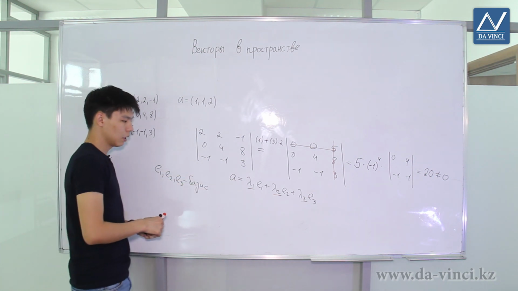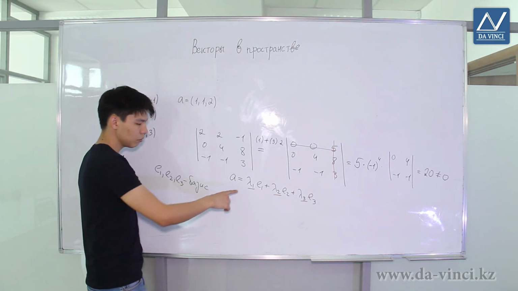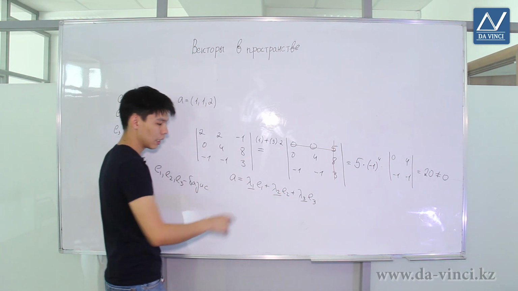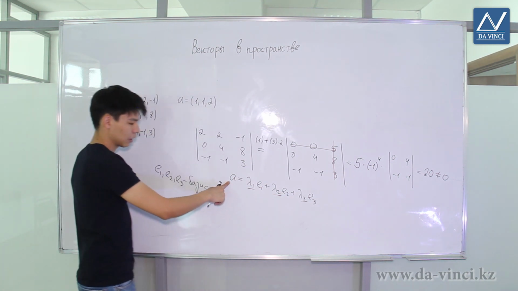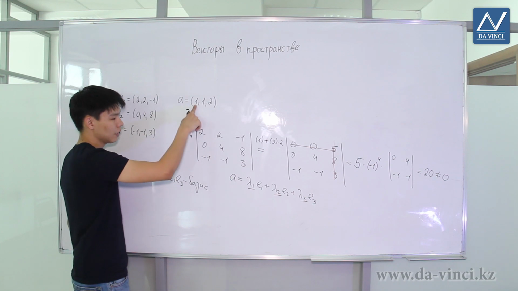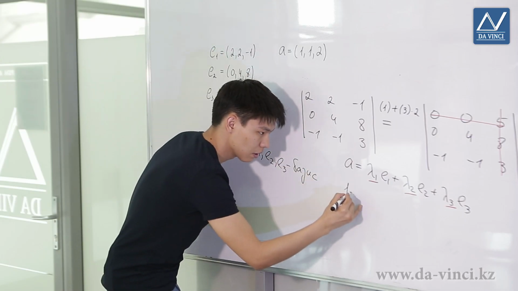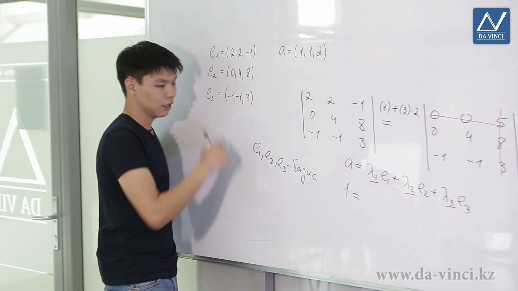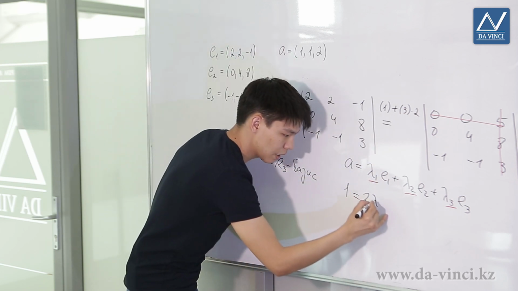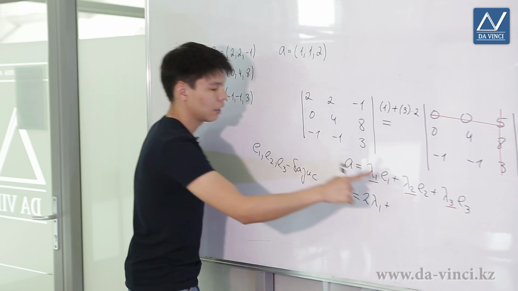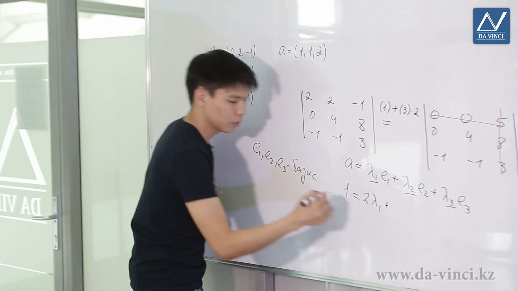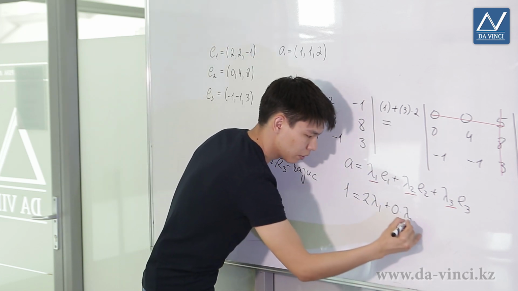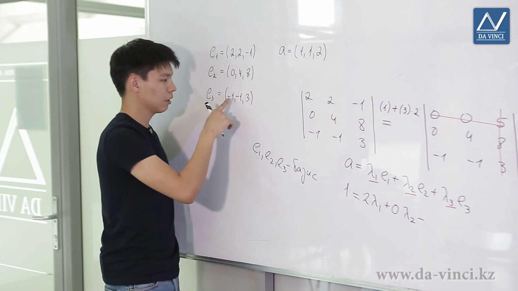We can do the following. We can write down the sum by coordinates. The x-coordinate of vector A is equal to 1. Lambda 1 is multiplied by e1. Its x-coordinate is 2. We get 2 lambda 1 plus lambda 2 multiplied by e2, which is 0. Let's write it down like 0 lambda 2. Next it will be lambda 3.